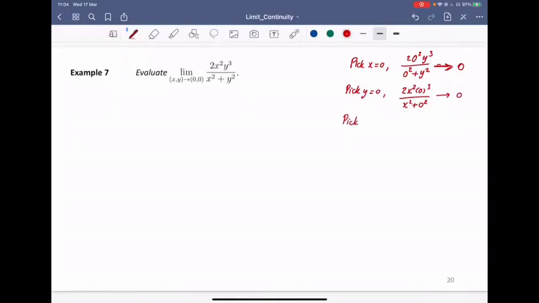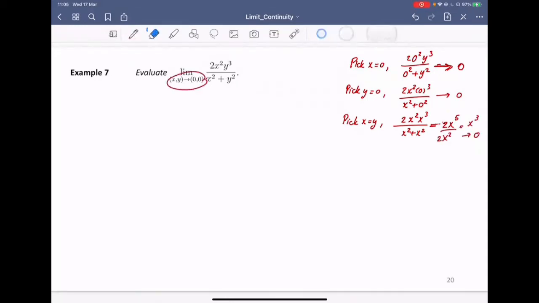If I try x equal to y, x squared plus x squared on the bottom and 2x squared times x cubed on the top, this is going to be 2x to the 5th power over 2x squared, which is x cubed. It goes to 0 as well as (x, y) goes to (0, 0).